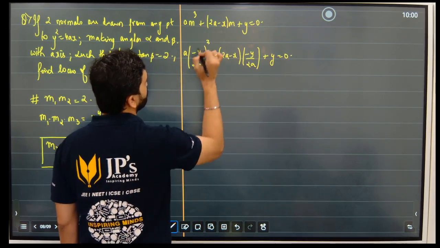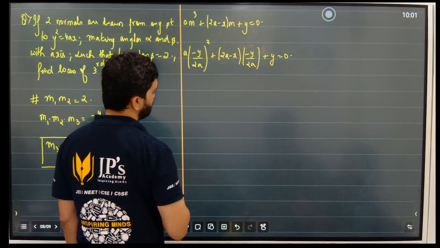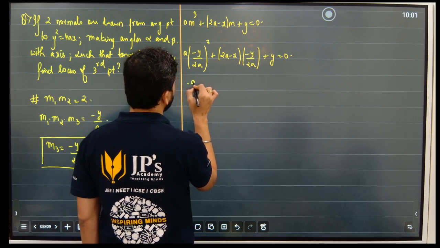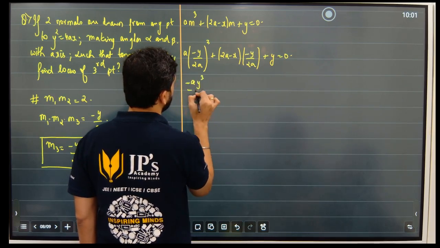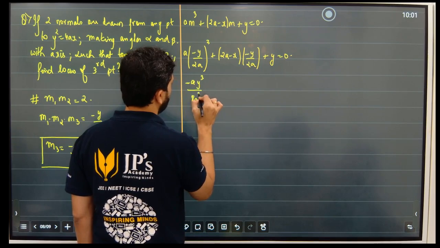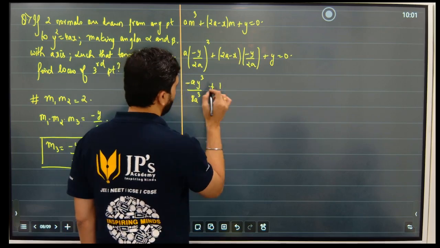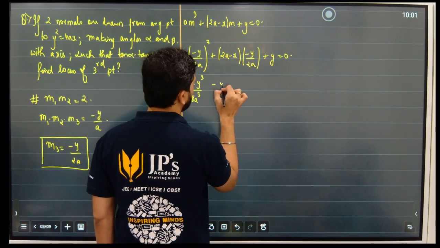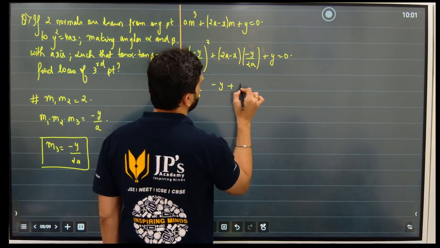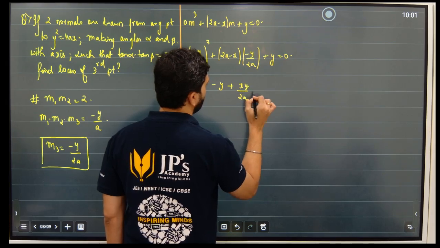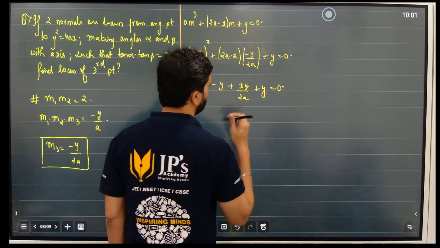This is a cube. Okay, so now if I simplify it, minus a y cube upon 8a cube plus xy upon 2a plus y is equal to 0.